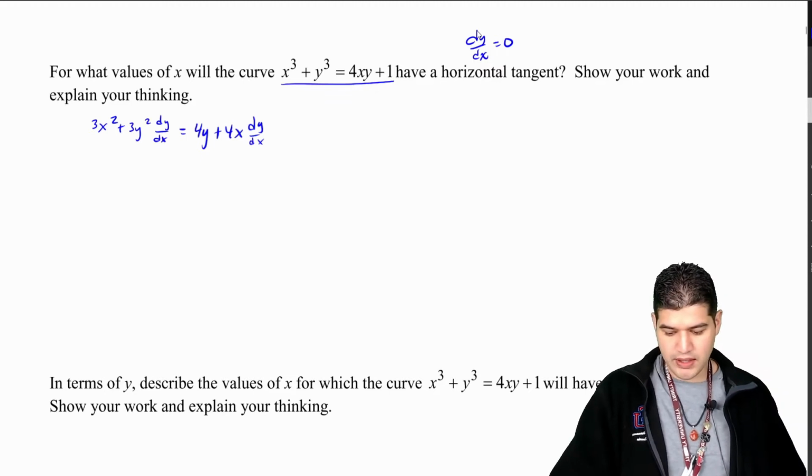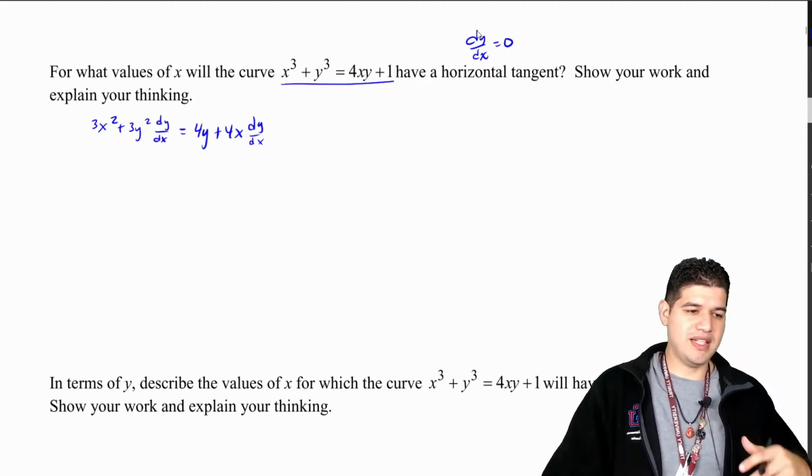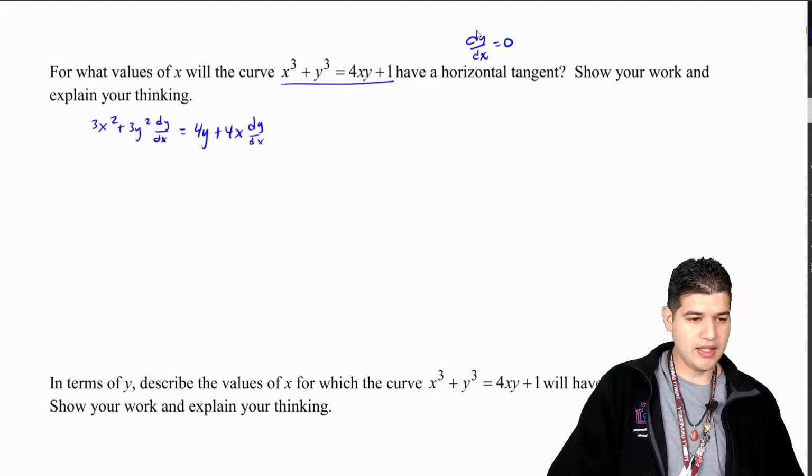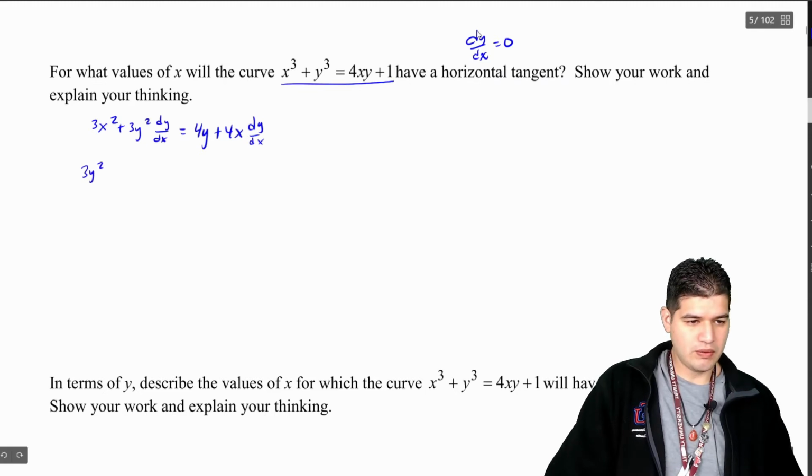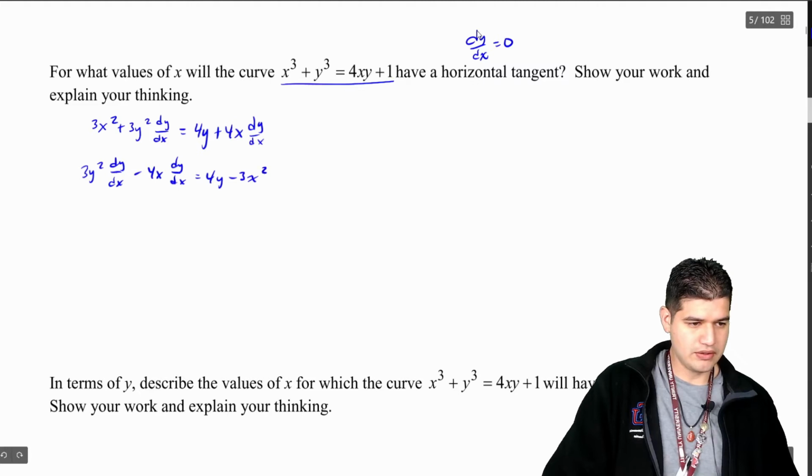Again, we want to solve for dy/dx. So let's bring all of those to one side: 3y squared dy/dx minus 4x dy/dx equals 4y minus 3x squared.